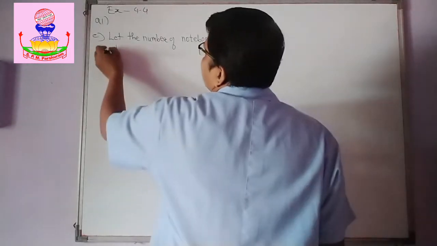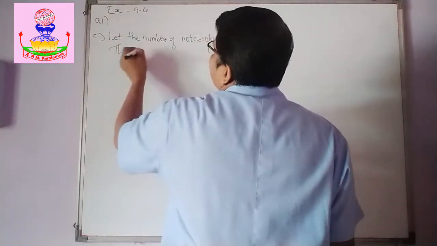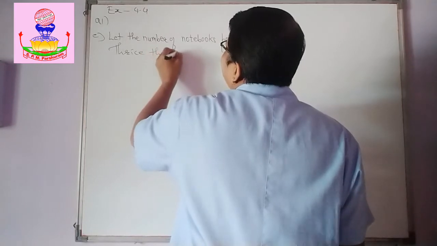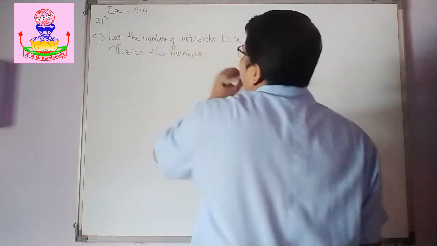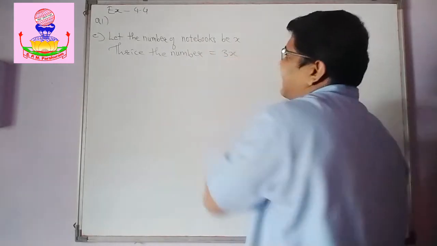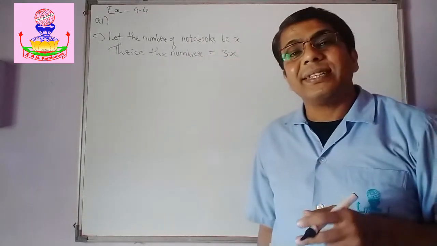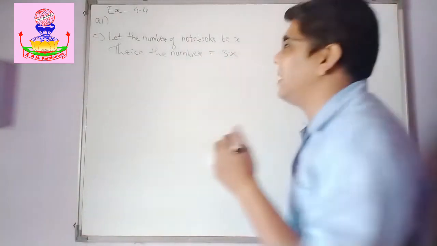Now thrice the number. What is it, can anyone tell? Yes, absolutely right. It is 3x. And then what does he do? He subtracts this from 50.